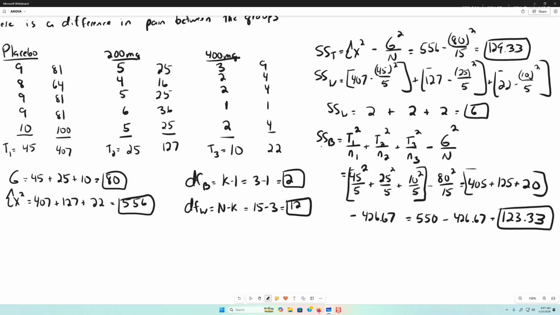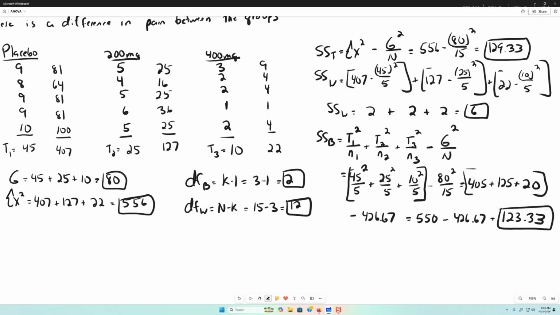Now, do I have to calculate sum of squares between? I don't. All I have to do is find sum of squares total and sum of squares within, and take sum of squares total minus sum of squares within. That's much easier than doing all three. But if you want to comfort yourself, if you're paranoid about making a mistake, you could calculate sum of squares between and get a value and then add that value to within, and you should get the total.